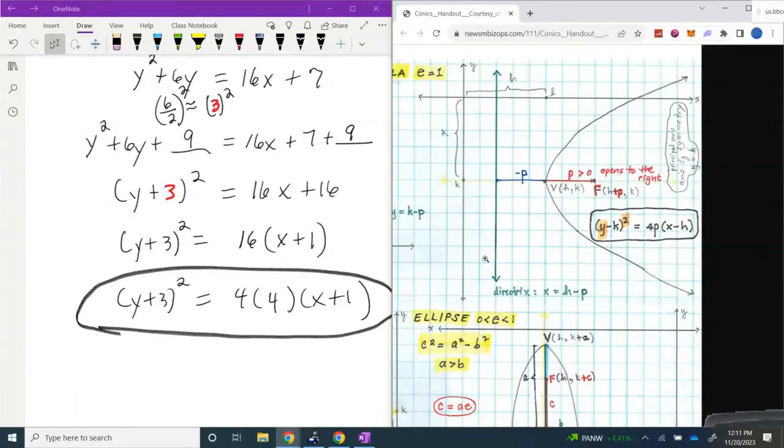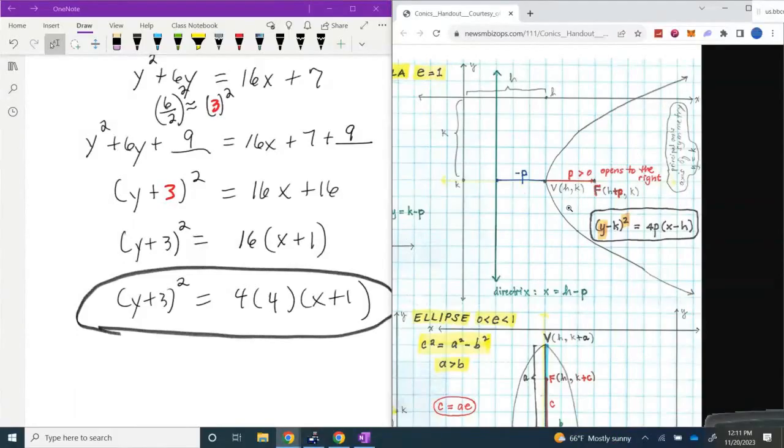If y is squared, it's either C-shape or reverse C-shape. Since the coefficient of x is positive, then this is the correct curve. All right, so is everybody okay with that part? Just locating the right model form.